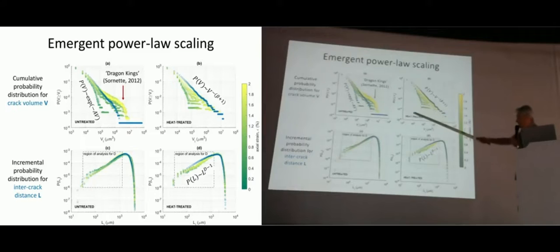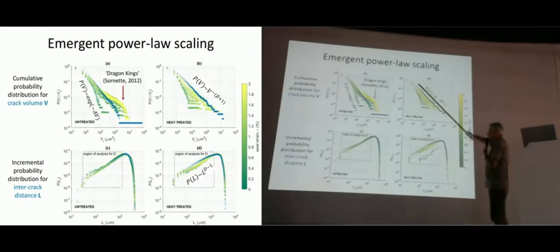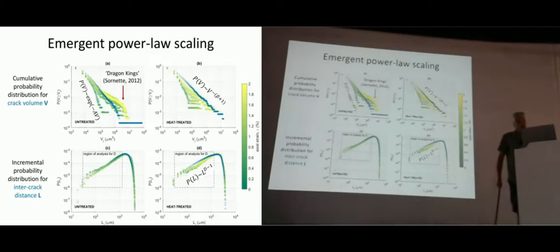And this occurs in the sample with virtually no small-scale microcrack disorder. So if you've got a very uniform system, you can have really big events. But once you put in some disorder, once you put in some microcracks, you just get the pure power law emerging, even very near the failure time.